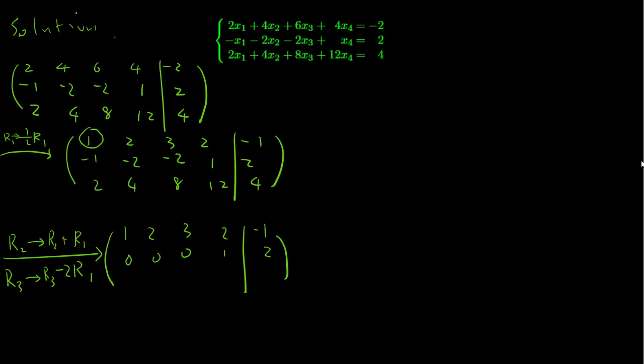Probably I did something wrong. Yeah, I think you're right. 0, 0, 1, 1, 3, 1. Is that right? That's what I got.